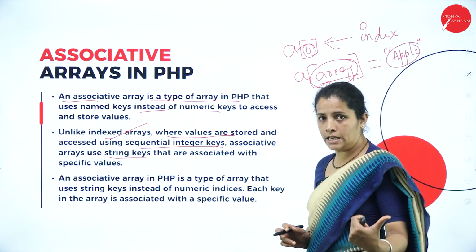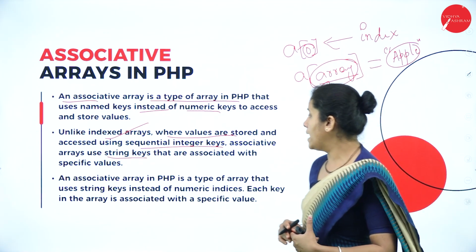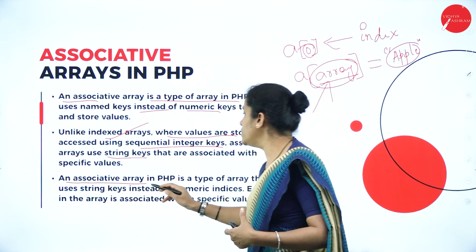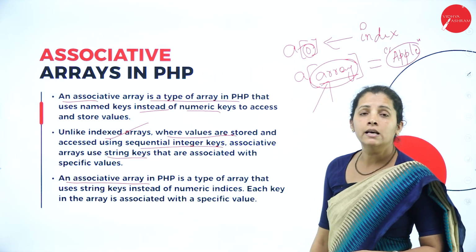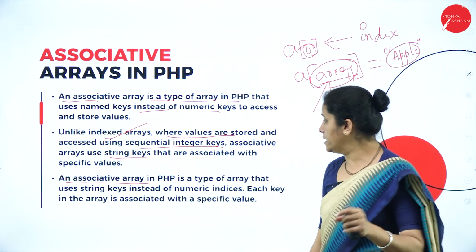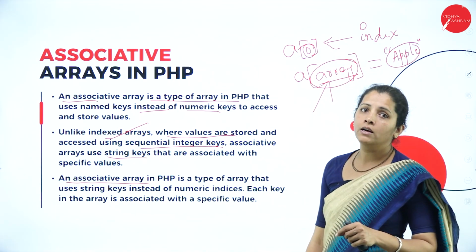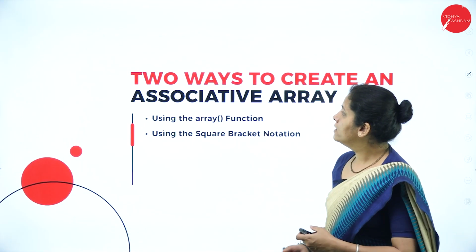By using the string key, we store and access the value. An associative array in PHP is a type of array that uses a named key or string key instead of numbers or numeric keys.